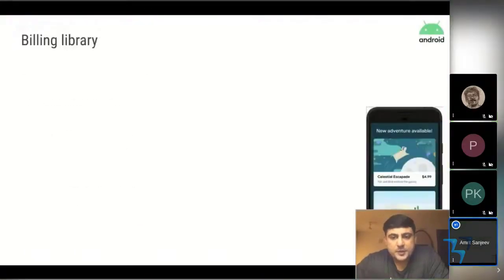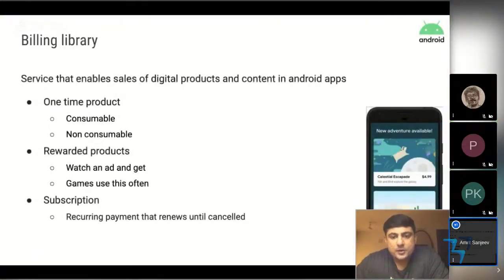From a Play Billing perspective, there are three types of products. One is the one-time product, which most people are usually using right now, where people would buy something for a certain amount of price. It can either be a consumable product or a non-consumable product. By consumable product I mean something that will exhaust over a period of time based on usage. Say something like coins in games or virtual currency, where the user can buy that product, get an X amount of it, and then as they use it, it gets consumed.